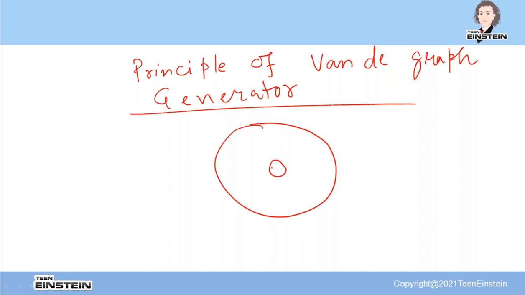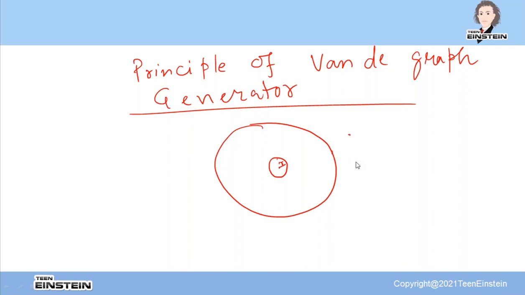Now, if I want to calculate the potential on the surface, this has radius capital R, and this small sphere has radius small r.